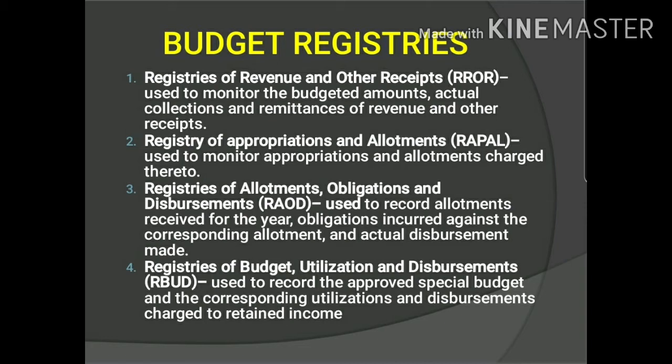And fourth, the registries of budget, utilization and disbursements, RBUD. The registries of budget, utilization and disbursements, RBUD, shall be used to record the approved special budget and the corresponding utilizations and disbursements charged to retained income authorized under RA 8292 for SUCs and other retained income collection of a national government agency with similar authority, revolving funds and trust receipts custodial funds.